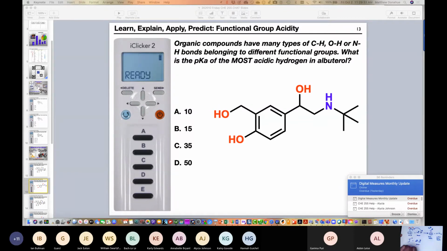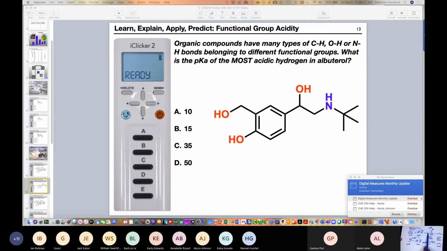If this is the base, this is the acid. So conjugate base, conjugate acid.